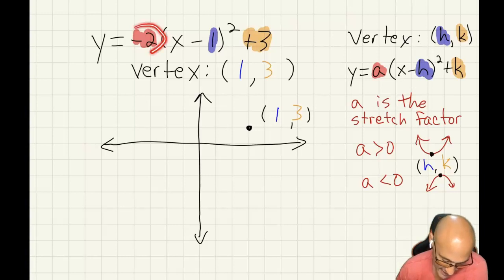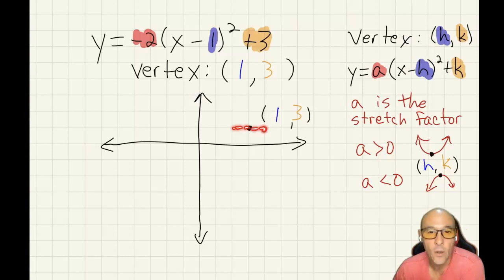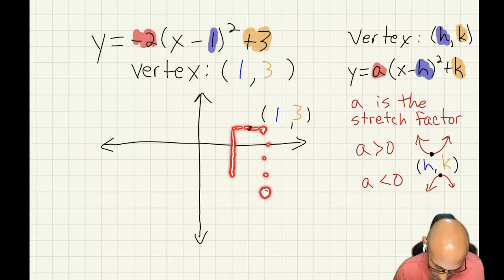And because a is negative 2, when I move to the right and the left 1 unit, I think, well, 2 squared is 4, so I'm going down 4 units right there. And down 4 right there. So that's going to be where my next points are. Does that make sense? Like why I'm saying that?